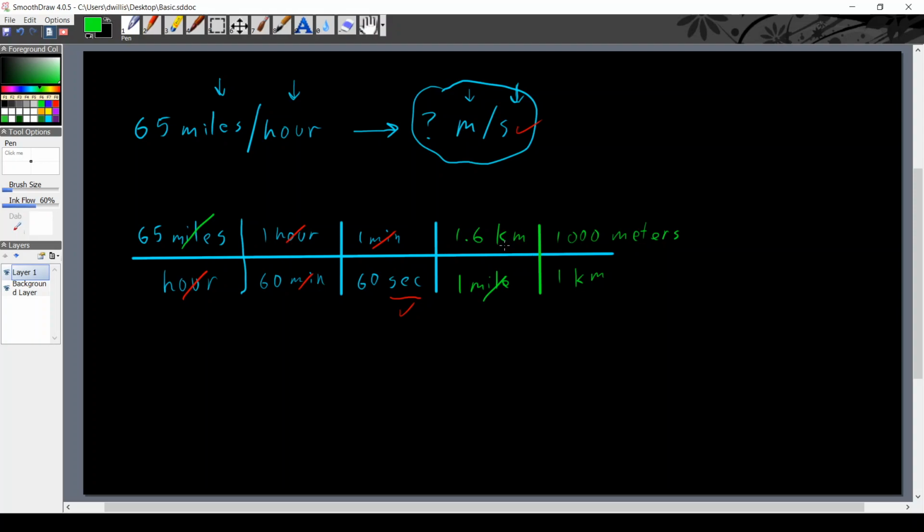All right, so at that point, kilometers will go away, and my final math is going to be 65 times 1 times 1. Let's see, 65 times 1.6 times 1,000, all divided by 1 times 60 times 60 times 1 times 1.